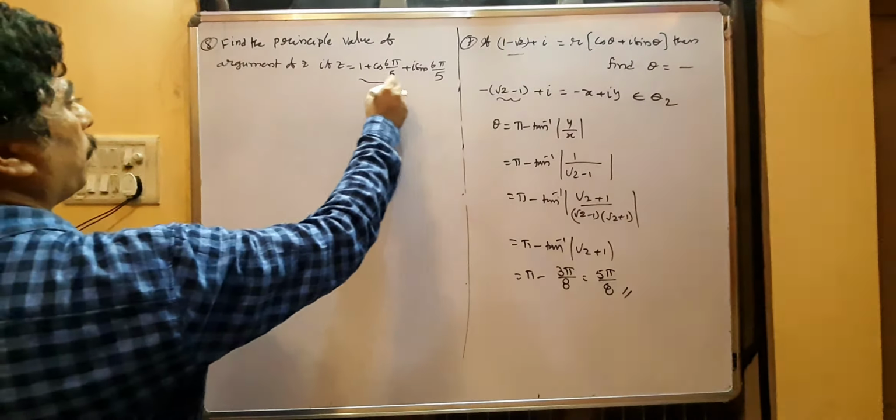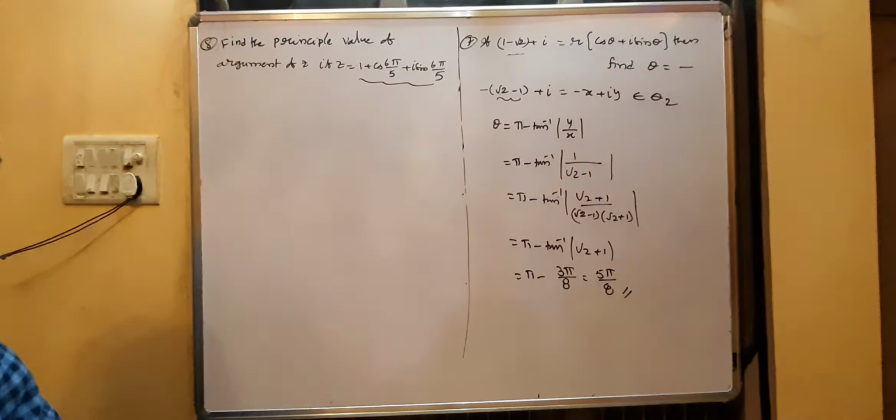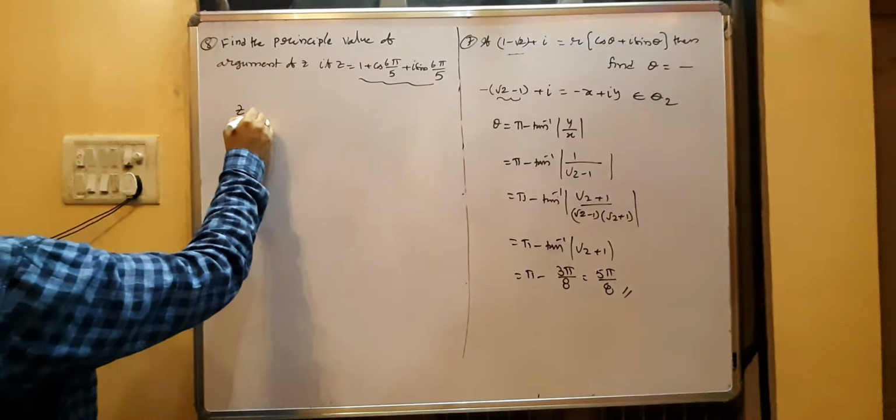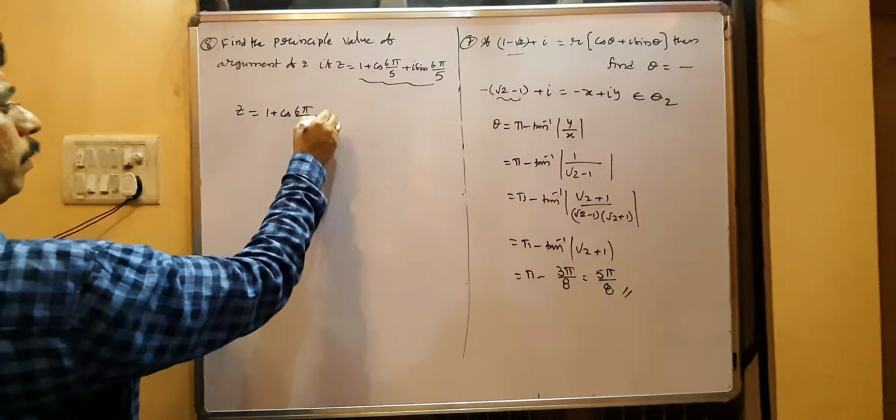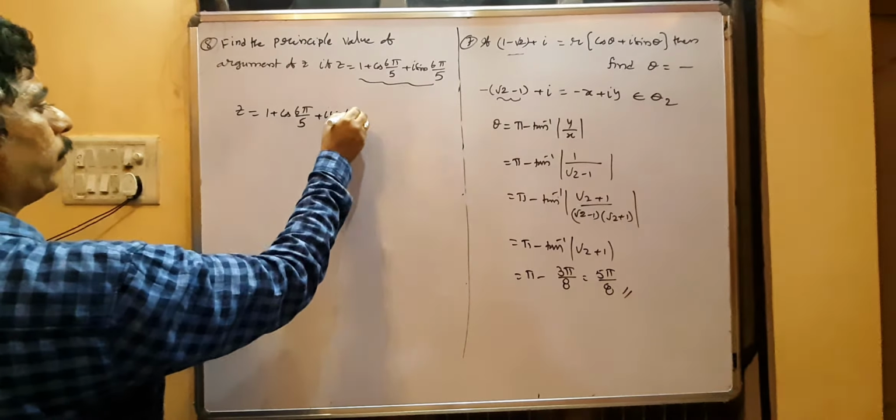Convert this complex number into the form r into cos theta plus i sin theta. Z equal to 1 plus cos 6 pi by 5 plus i sin 6 pi by 5.